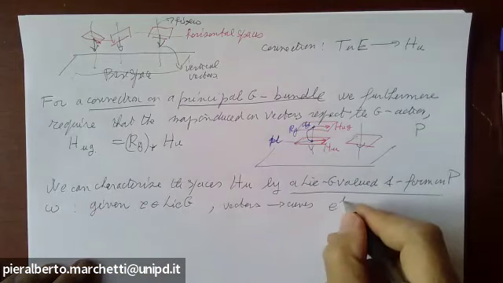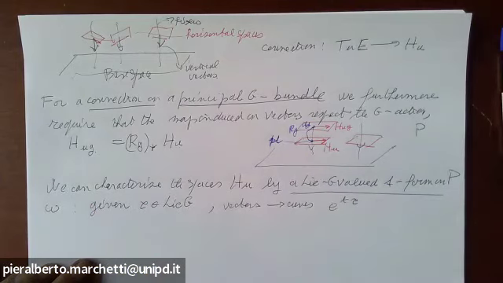The curve I consider is e to the exponential of tau times t.